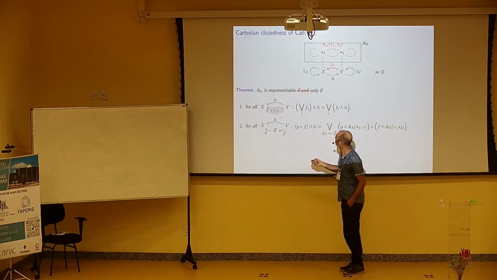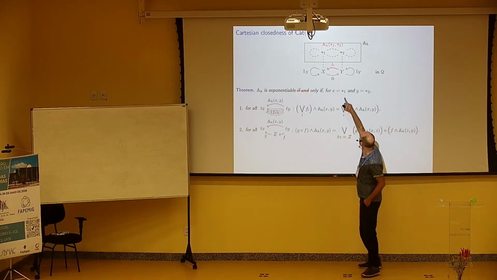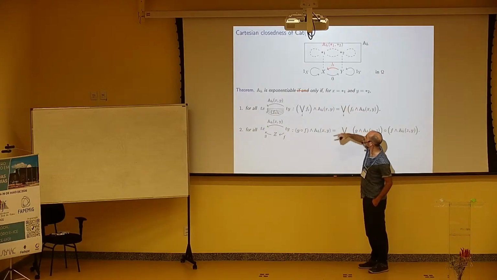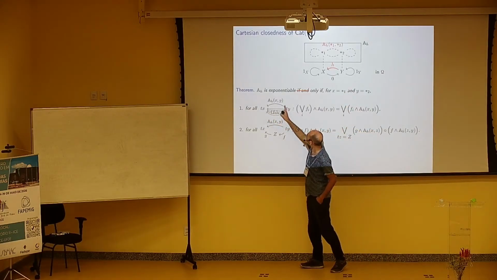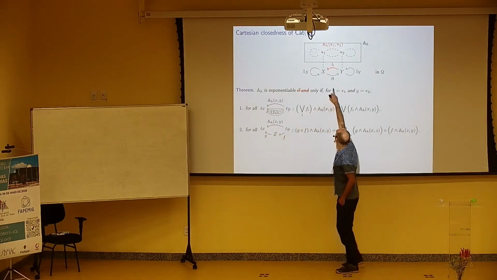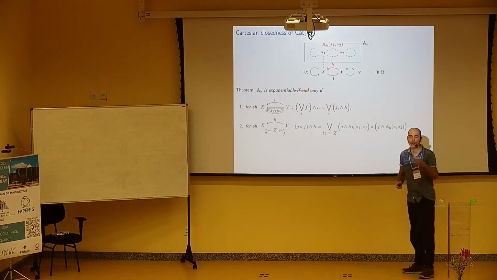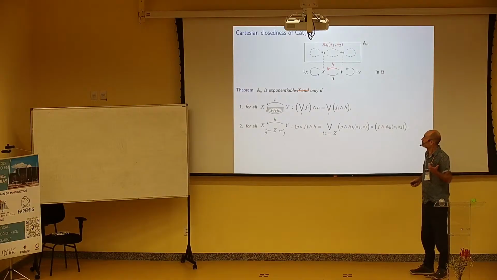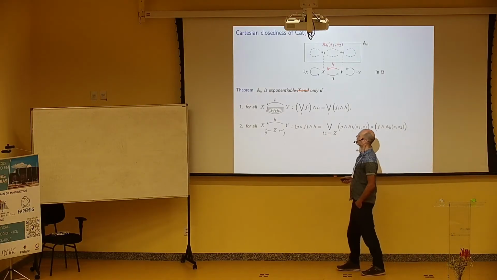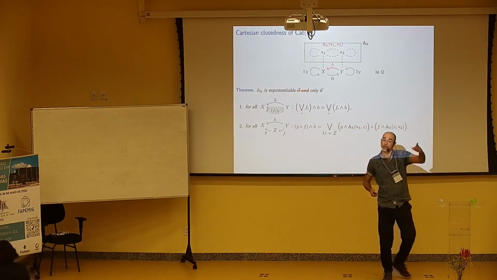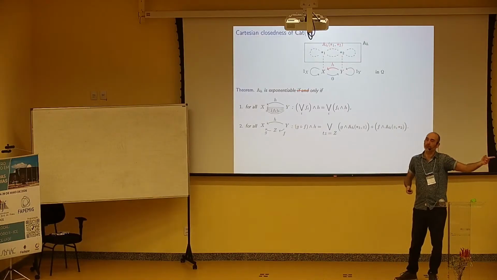So between the previous slide and the next one, I'm fixing particular objects for X and Y in such a way that the only hom that I'm really looking at is the arrow H. So what I find is a necessary condition for exponentiability of AH, which itself is a necessary condition for Cartesian closedness for Q-Cat. Okay?